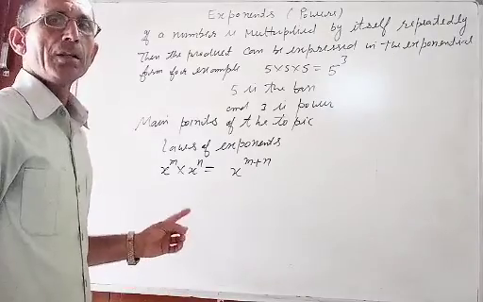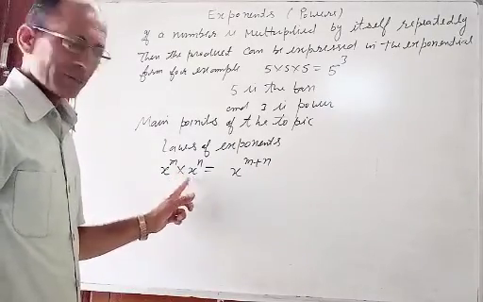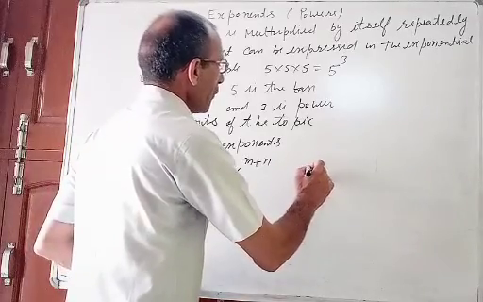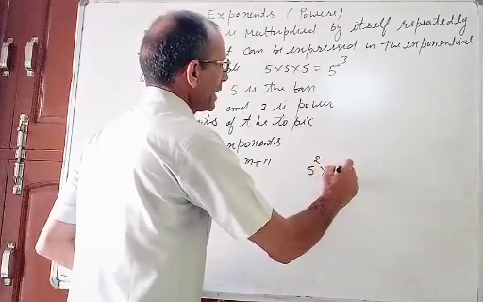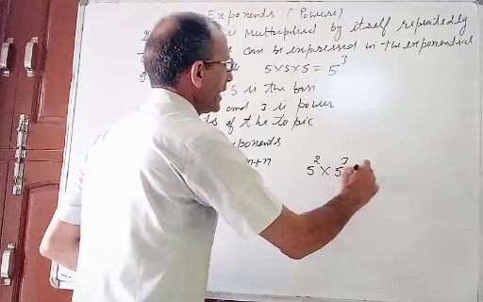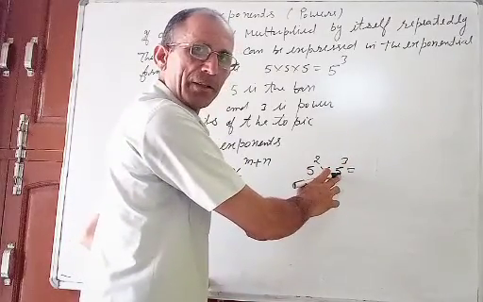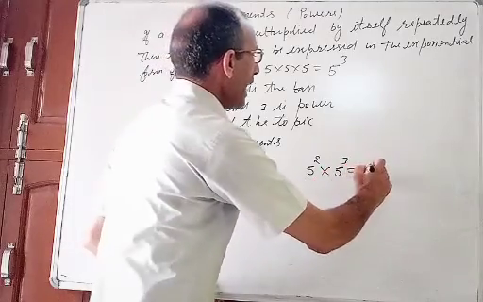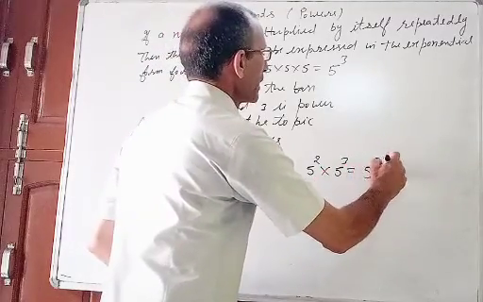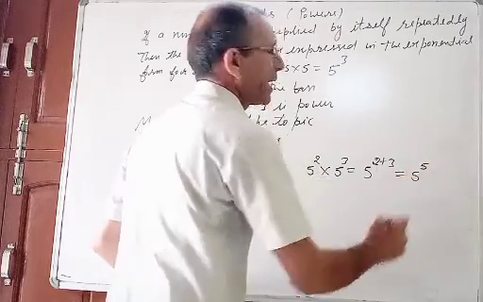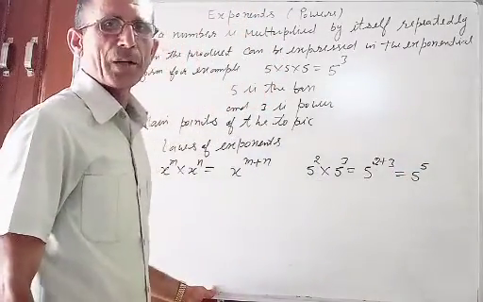For example, for your understanding, 5 raised to the power 2 multiplied by 5 raised to the power 3. So 5 and this also 5, both are equal. So add their powers, 2 plus 3. So result will be 5 raised to the power 5.